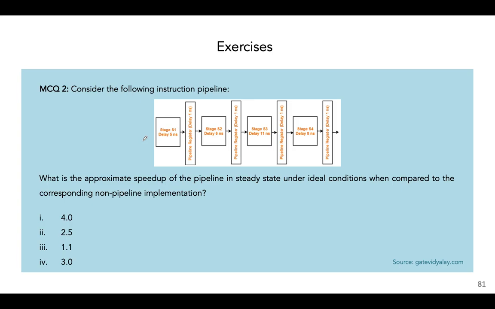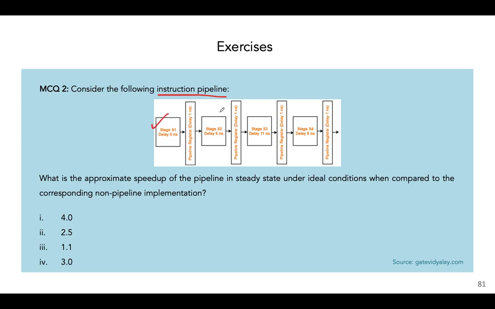Alright, another MCQ for you. Consider the following instruction pipeline. Now, we are going to talk about instruction pipelines in detail in the next video. But here you just have to understand that this is a pipeline like any other pipeline, right? We have 1, 2, 3, 4 stages, and we have registers between each of these stages.